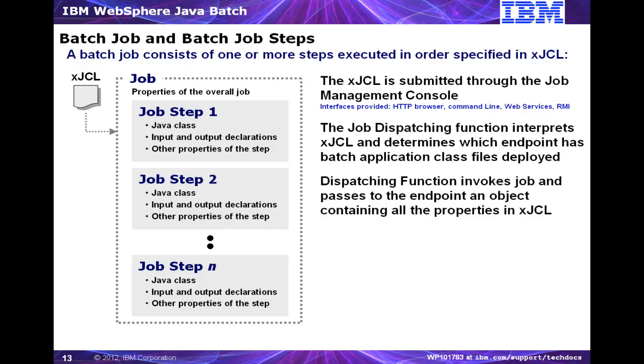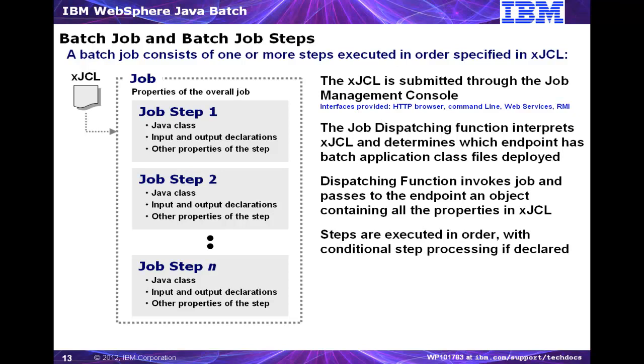The job dispatcher is aware of where batch application class files are deployed. When a job step calls for a specific Java class file, the dispatcher signals to the job endpoint to begin execution of that Java class file. Further, the dispatcher passes over to the endpoint an object containing all the properties specified in the XJCL. The batch step code may easily reference any job property contained in the XJCL.